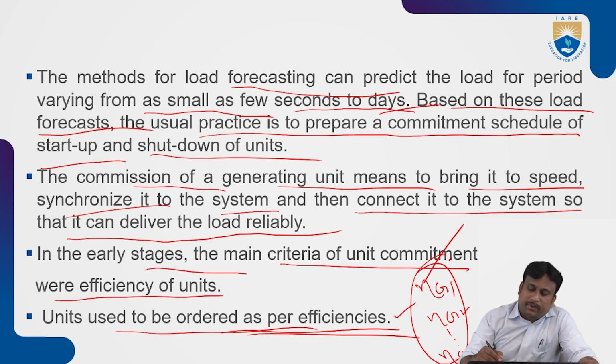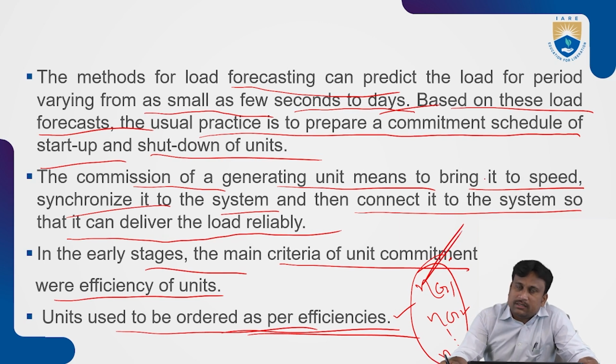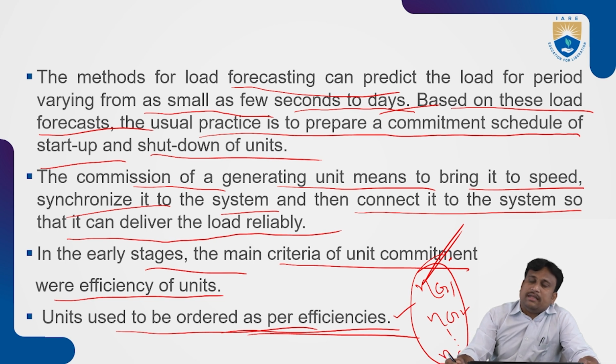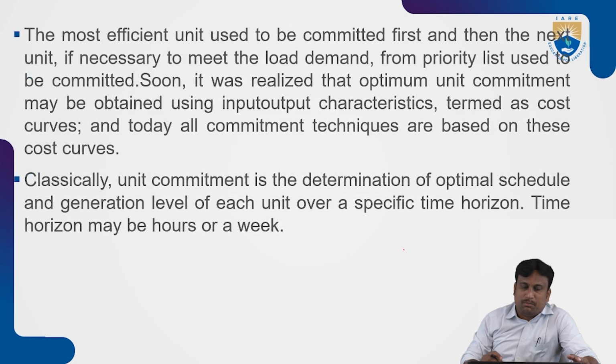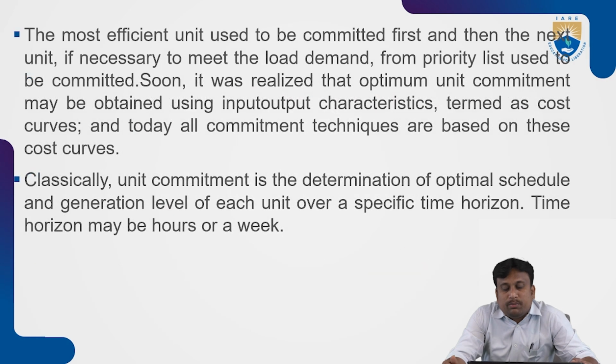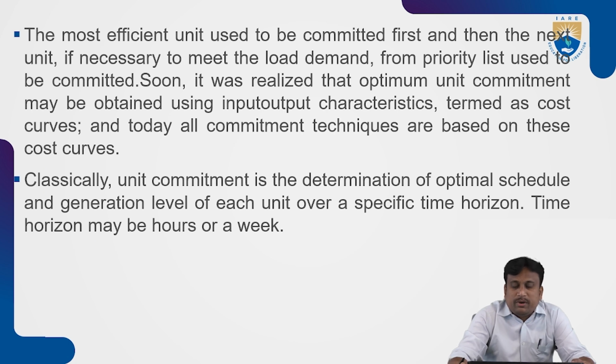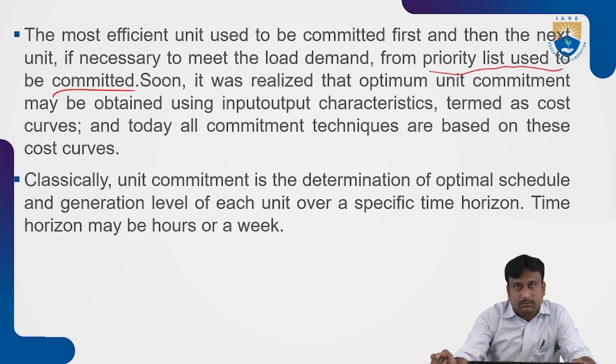Based on the peak efficiencies, they are scheduled and tied to the load. The most efficient unit used to be committed first, and then the next unit if necessary to meet the load demand. So a priority list is prepared for commitment.